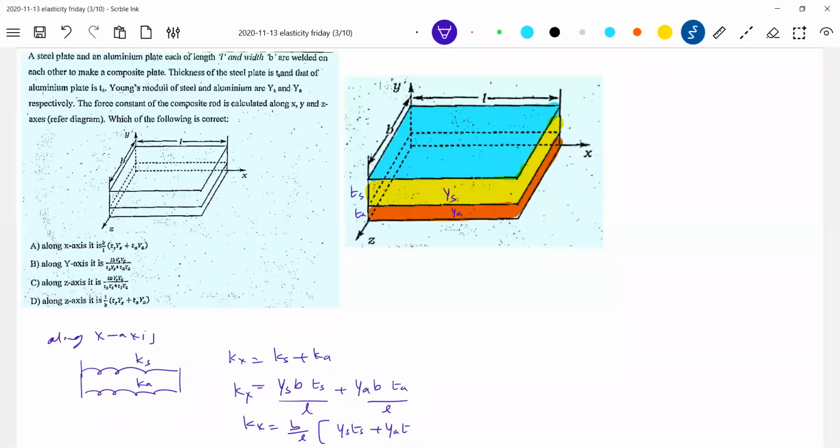Okay, come to this one. Along y-axis, they'll be in series, no? Sorry, Ks and Ka. Then what is the effective spring constant? 1 by Ky equals 1 by Ks plus 1 by Ka.